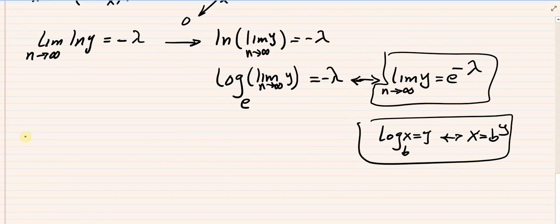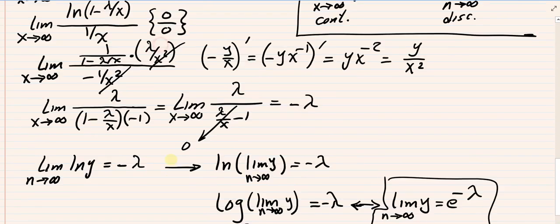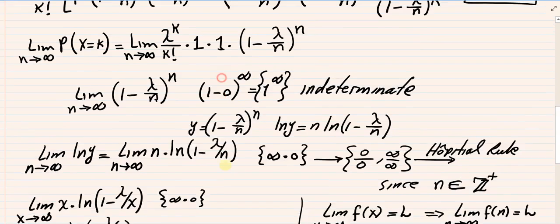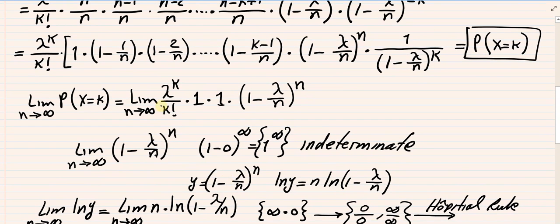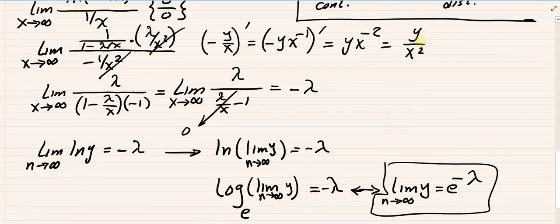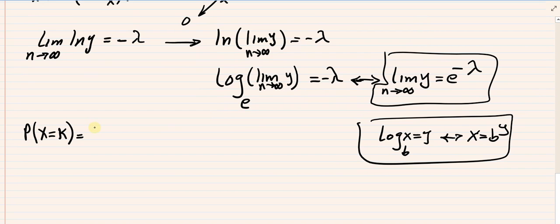I'm going to say the probability that X equals k, therefore, is what I had earlier: lambda to the k over k factorial, times this limit, which is e to negative lambda. So it is lambda to the k over k factorial times e to negative lambda.